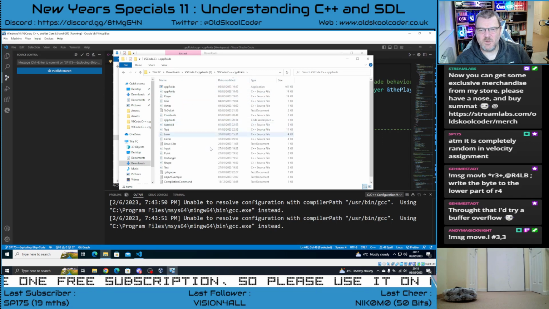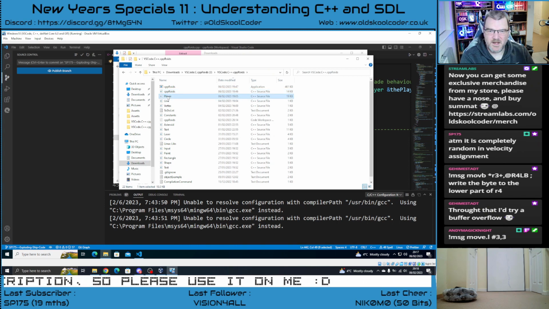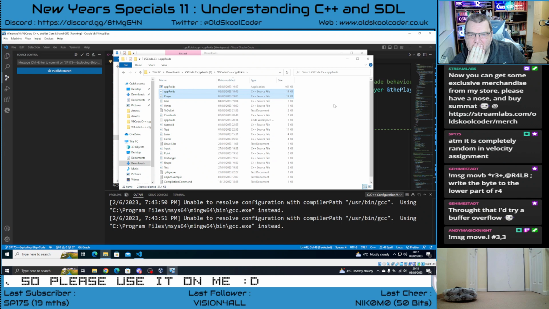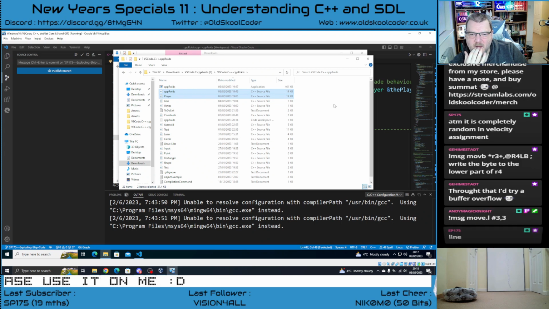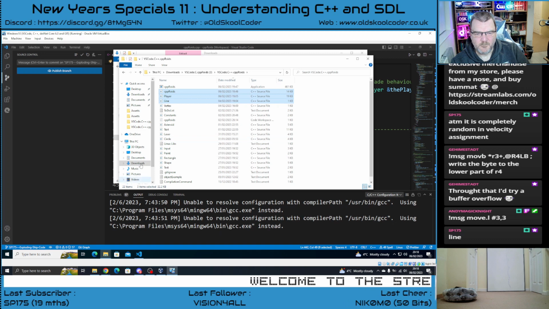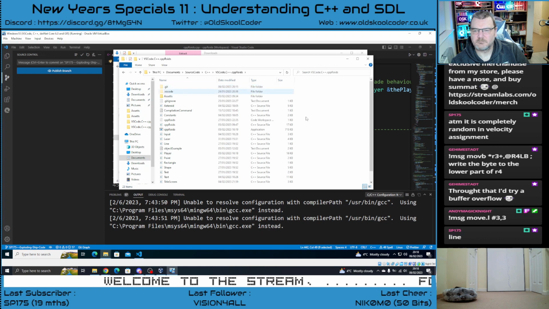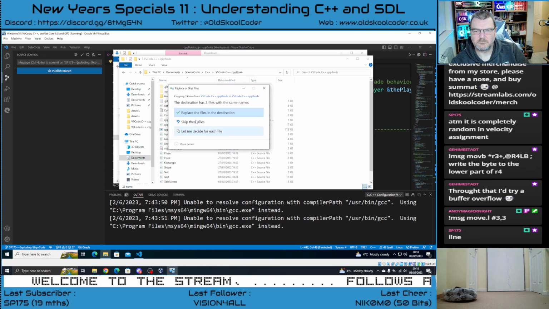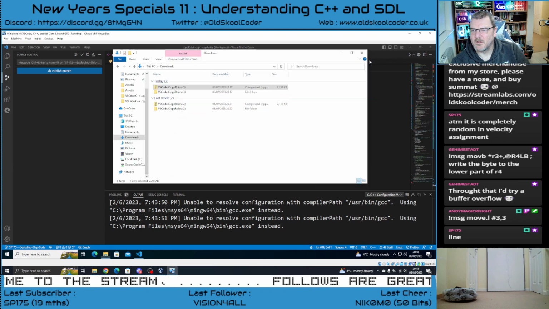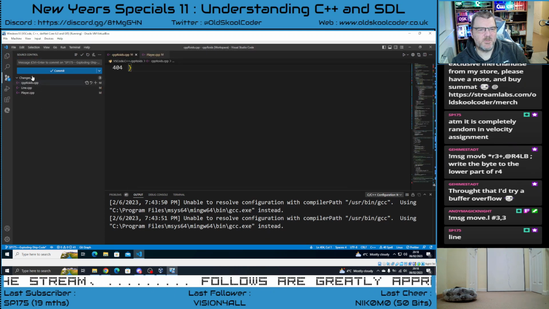Right, let's see what's been modified on this. So CPP Roids and Player, are they the only two? Oh, and Line. And Line, okay. Right, so this should pick up the 3 changes.